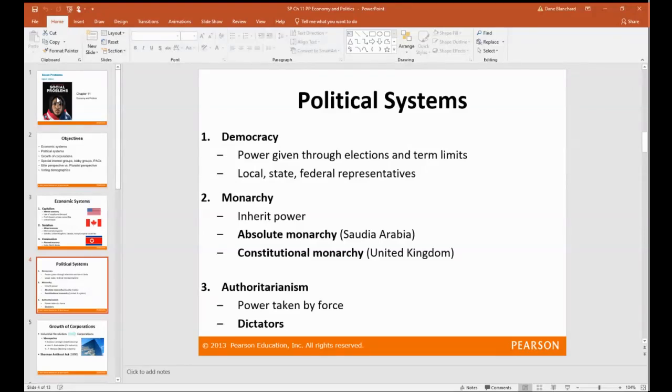Even in the United Kingdom and all over Europe, they had what's known as an absolute monarchy, where their power is unlimited. The king and the kingdoms will make the decisions over that particular country, and what they say goes.